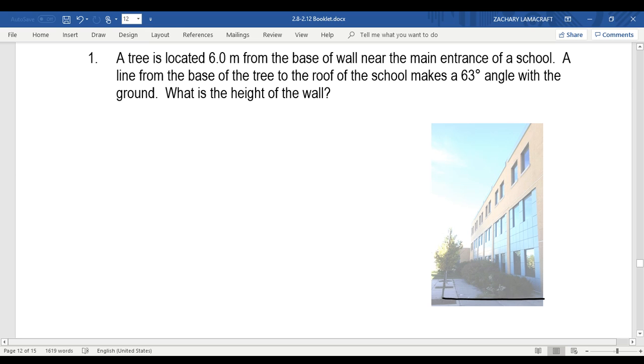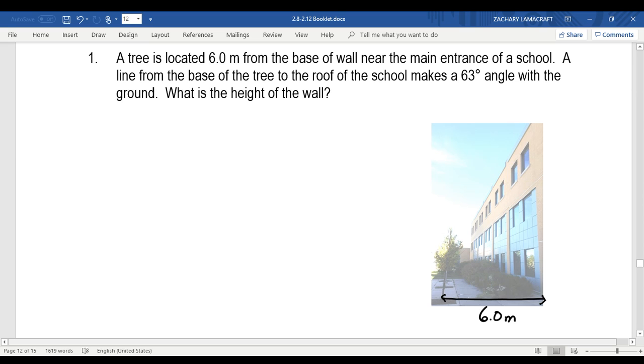So I'm just going to draw that line. If you guys want, there's some rulers in there. But on a test, I expect a ruler. Tests are quick. So this measure right here is 6 meters from the base of the wall near the main entrance of a school.